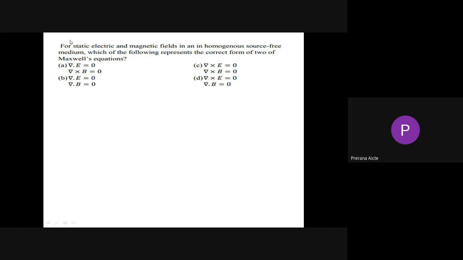We are expecting minimum two to three bits from Maxwell equations.